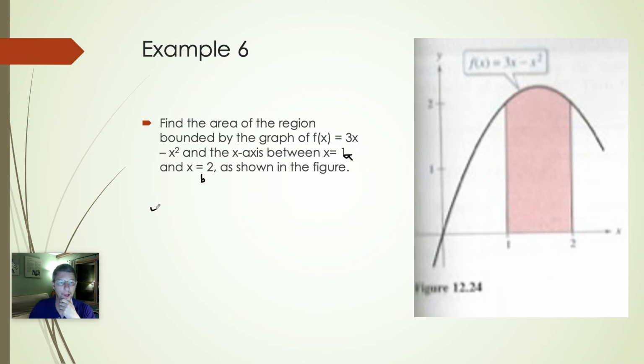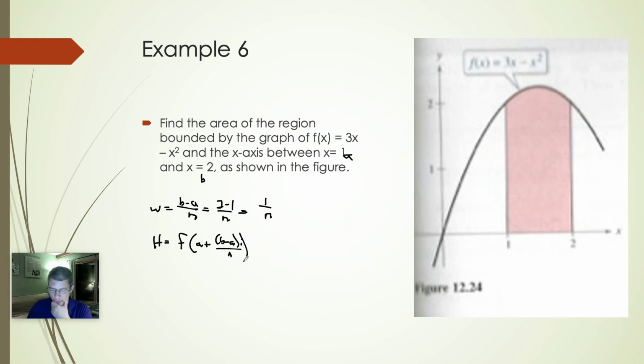And what we need to do is figure out what we want to do for the rest. So the width is, of course, again, going to be b minus a over n. And in this particular case, that's going to be 2 minus 1 over n, or 1 over n. So there's my width value. The height value is going to be f of a plus b minus a times i over n. Okay.